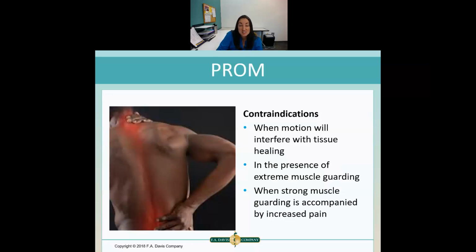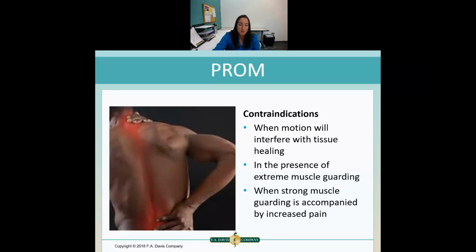If the patient has extreme muscle guarding, like they're stuck in one position, then if they're not able to relax to allow you to move it, they're actually going to be actively fighting against you, and it's actually going to cause more stiffness, more muscle tightness, and more pain. So if you cannot get the patient to relax because they're in so much pain that they're all guarded, then passive range of motion is not going to provide any benefits. You'll have to get them to relax some before you're able to do it.